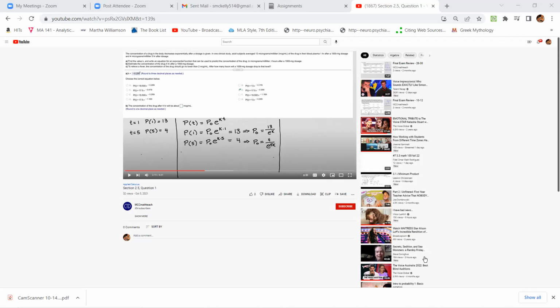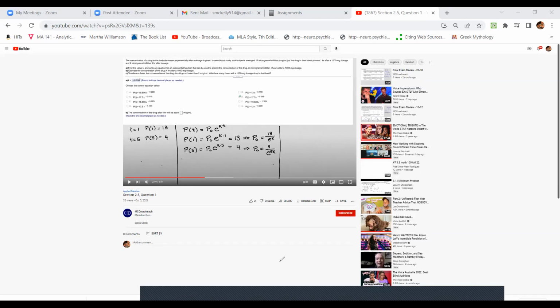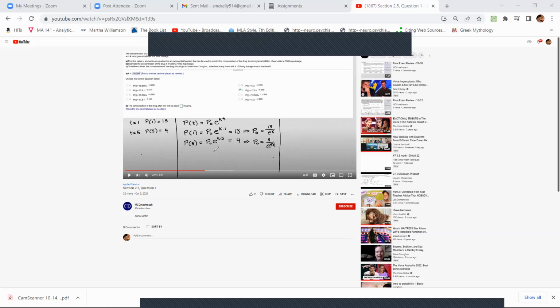What she's going to do now is these are both equal to P sub 0. In our case, she does the math, but she's going to set these expressions equal.